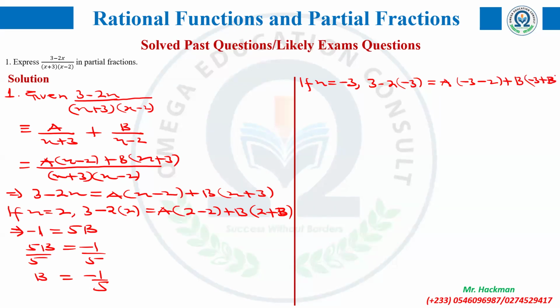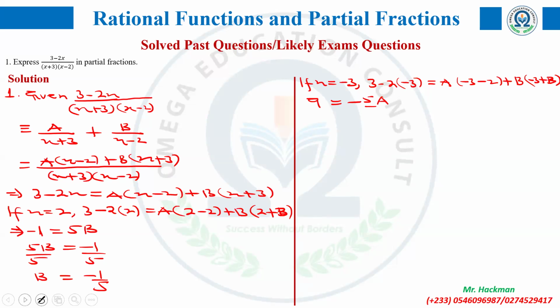So that gives us 3, this will give you plus 6, so 9, should be equal to, this will give you minus 5, so minus 5a.